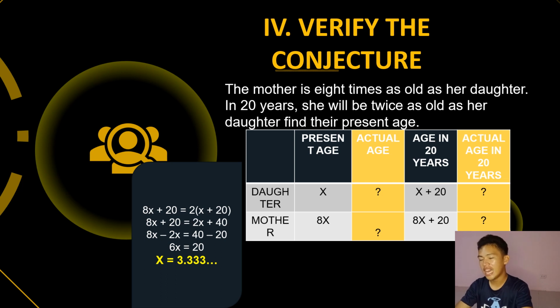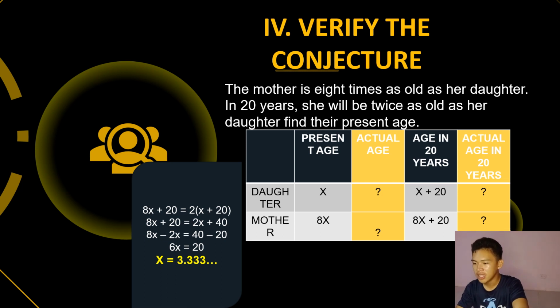Here we state that 8x plus 20 is equal to 2 quantity x plus 20, and 8x plus 20 is equal to 2x plus 40, because 2 times x is 2x and 2 times 20 is 40. So let's transpose this 2x to the other side.